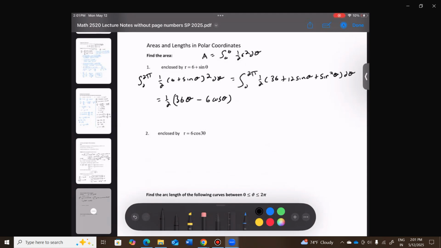Oh, I don't know why I divided that by 2. Minus 12 cosine theta.